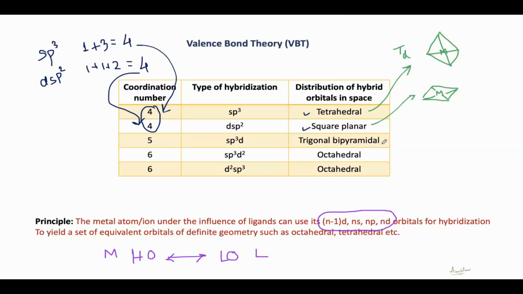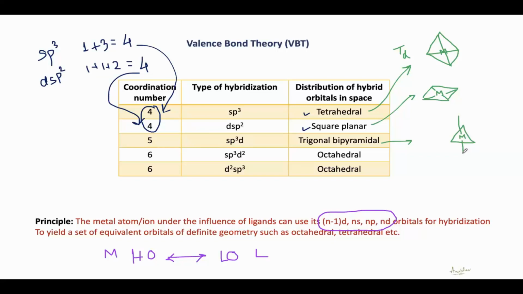Now this is the trigonal bipyramid geometry, which is quite interesting to draw. In trigonal bipyramid, we first draw a triangle, and in the midpoint of the triangle, we write the metal atom. Then from the top of the metal atom and to the bottom of the metal atom, there are 2 points.